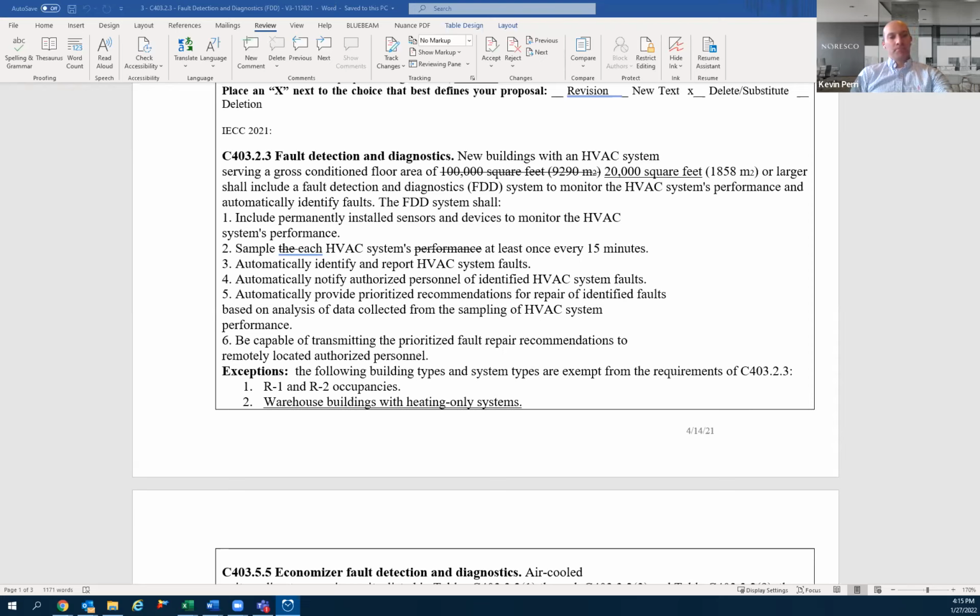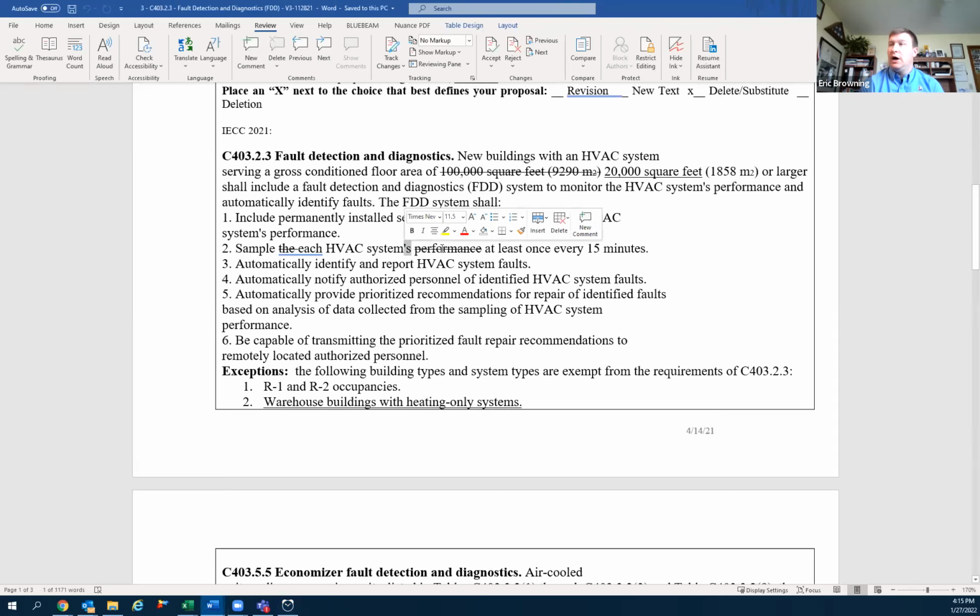Eric, your hand's up. Thank you, Kevin. I will propose a modification of the amendment to also strike the apostrophe S from number 2 of C403.2.3, as well as delete all proposed amendments to C403.5.5.